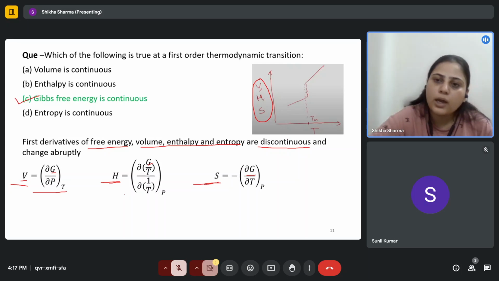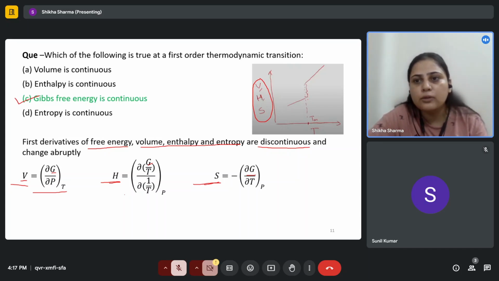When we plot the graph with respect to temperature, we see that at temperatures below the melting temperature, there is this line, which means it is increasing at a constant, linear rate.